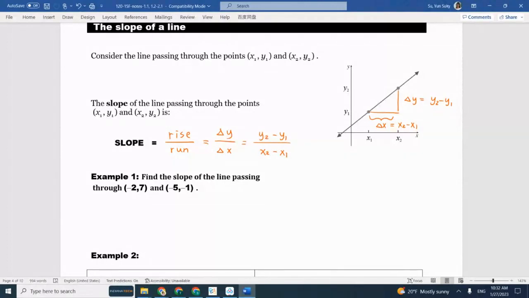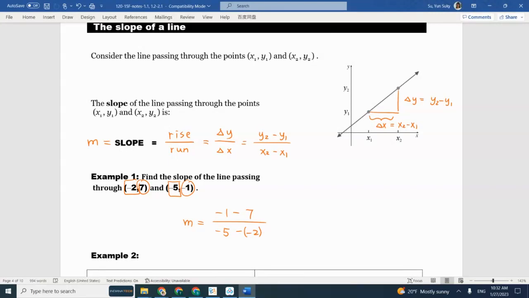How many of you have learned slope and lines before? Everybody, right? Okay, so yeah, we can go over quickly. Usually we call the slope m. So we use the y coordinate of the second point minus the y coordinate of the first point, over the x coordinate of the second point minus the x coordinate of the first point.